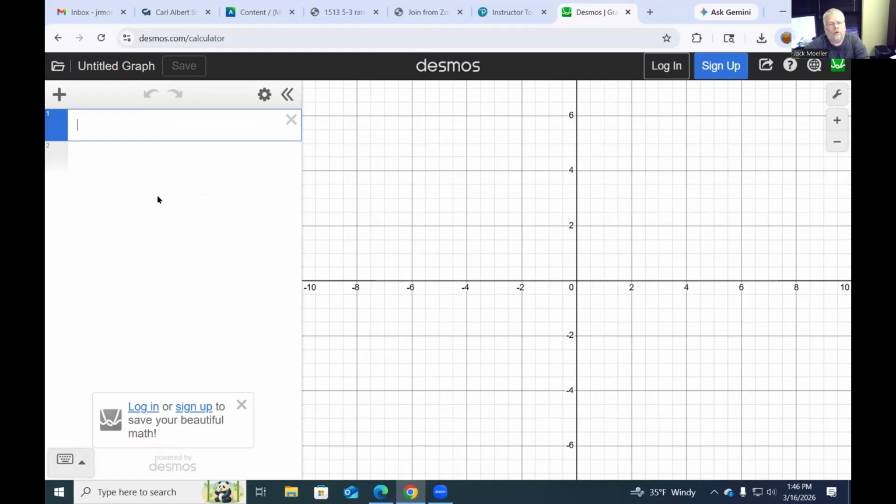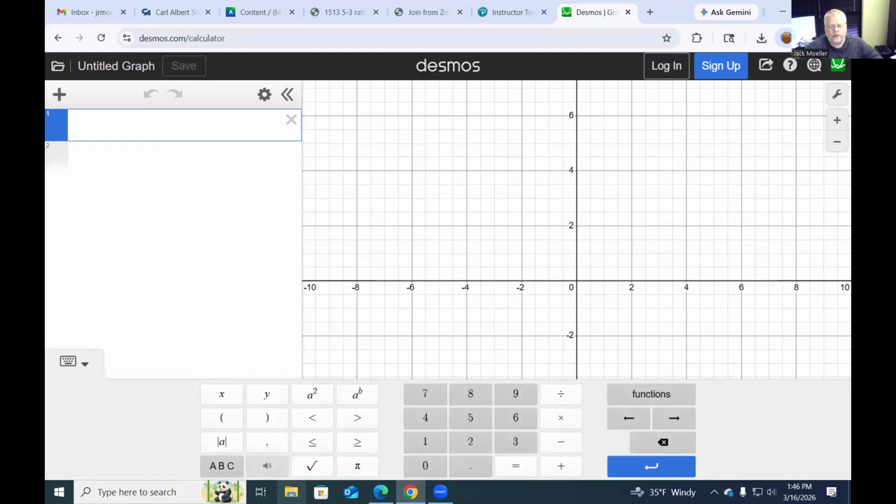Oh, and when you're doing these on your calculator or in Desmos, these are fractions. Desmos doesn't have a fraction button. The one thing you have to be careful of is to make sure that you put these in properly. And notice I got a fraction bar right there. How I did that was the backslash, which is right next to the shift button on the calculator.